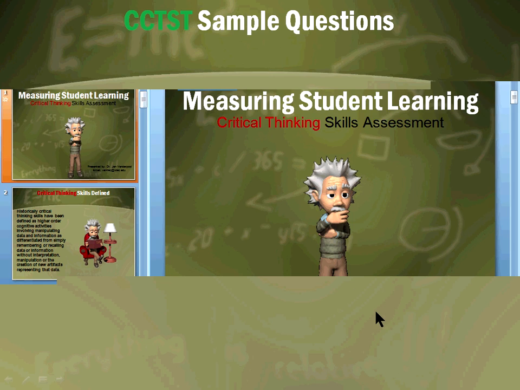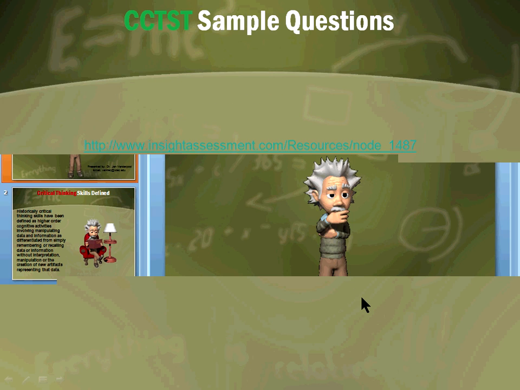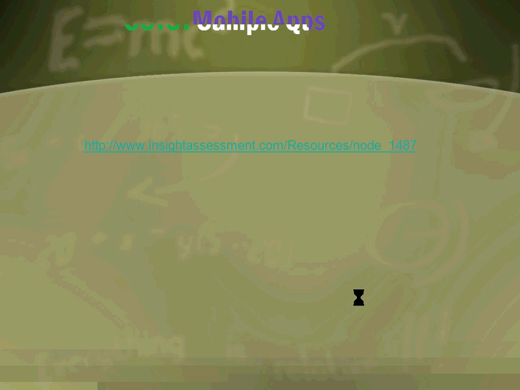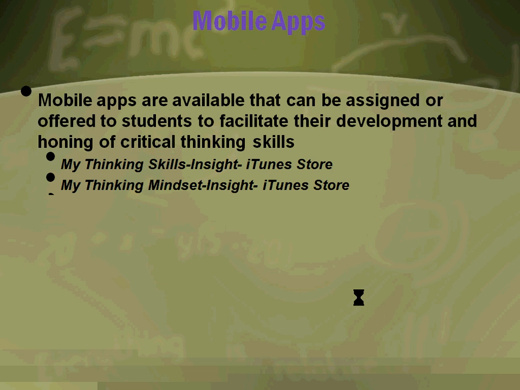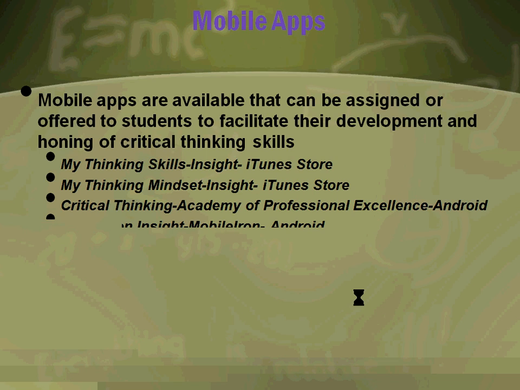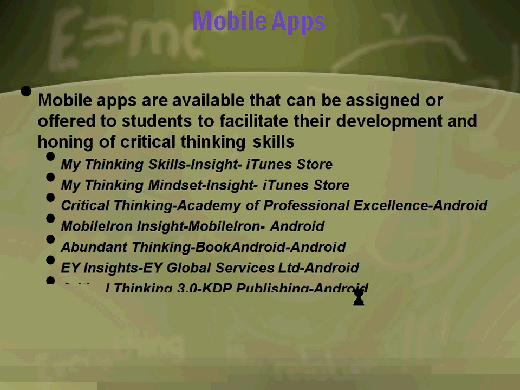Now, in addition to desktop apps, we also have a host of mobile apps. The first two are My Thinking Skills, led by Insight. Insight, by the way, is a company that produces the California Critical Thinking Skills Assessment Test. Their products, unfortunately, are only available in the iTunes store.